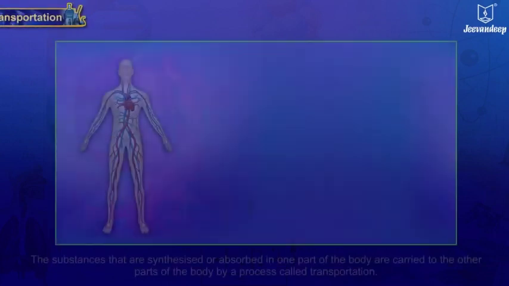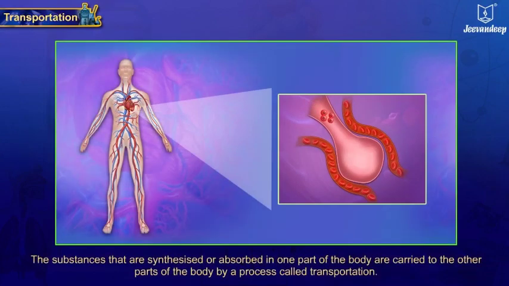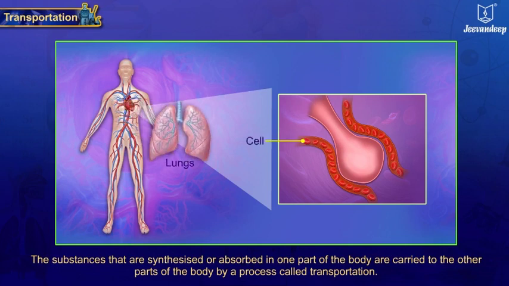Transportation. The substances that are synthesized or absorbed in one part of the body are carried to the other parts of the body by a process called transportation. For example, oxygen from lungs to cells.